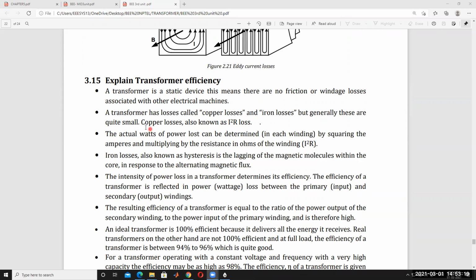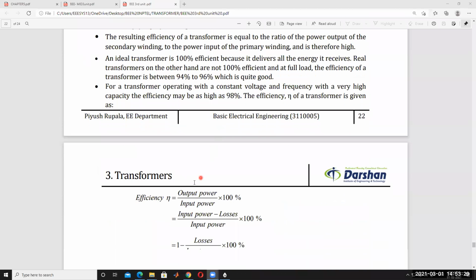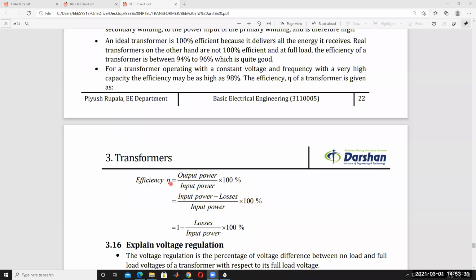Generally, these losses are quite small. Copper losses are also called I squared R losses. Efficiency is equal to output power by input power, multiplied by 100, expressed as a percentage.